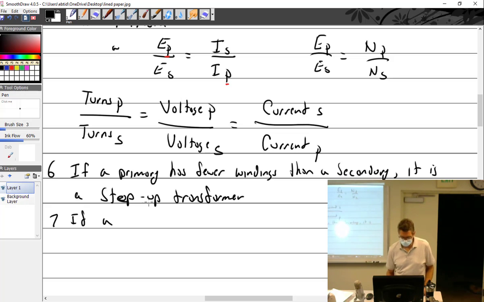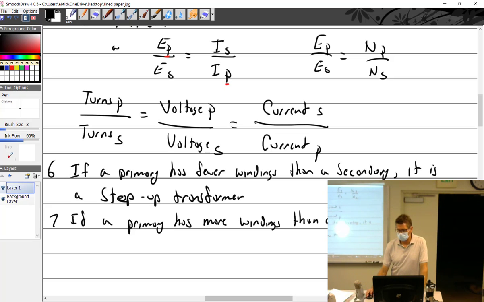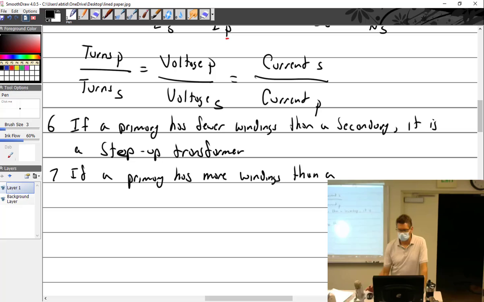If a primary has more than a secondary, it is a step down transformer.